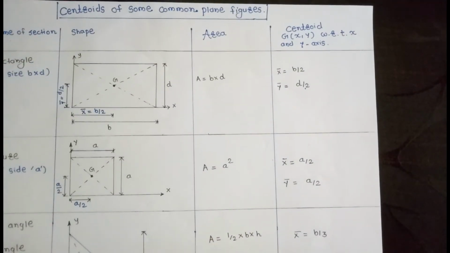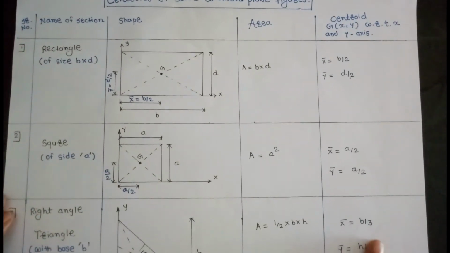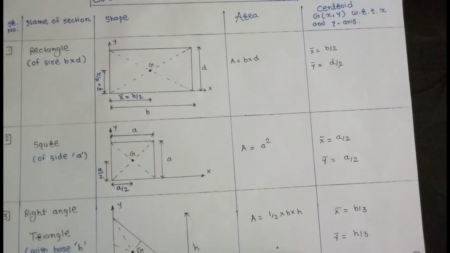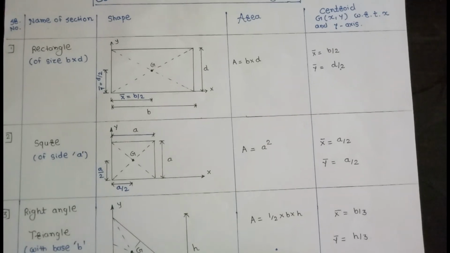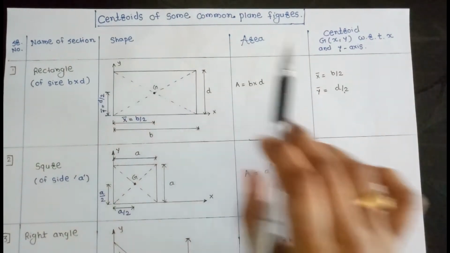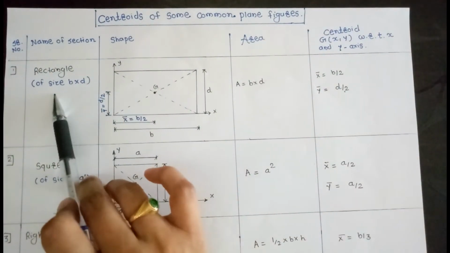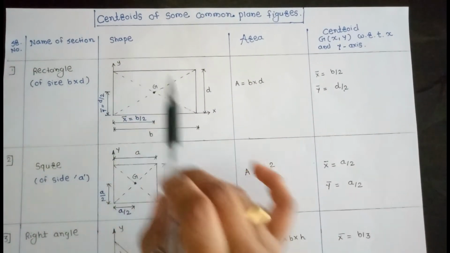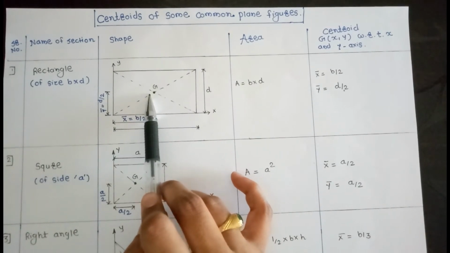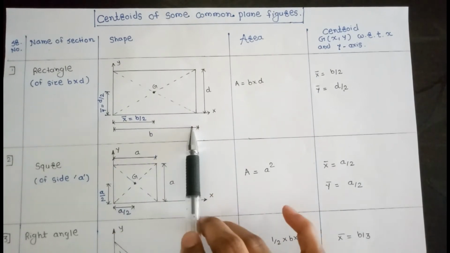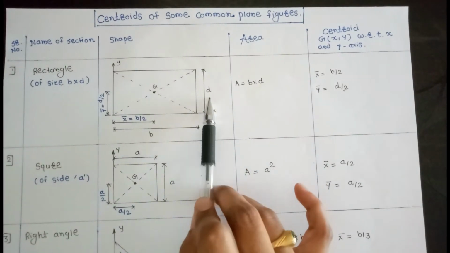So we will discuss the centroids of some common plane figures. First figure is the rectangle. Rectangle of size b into d. This is the rectangle with reference axes y and x, with center of gravity G. Total is b horizontal and d vertical depth.